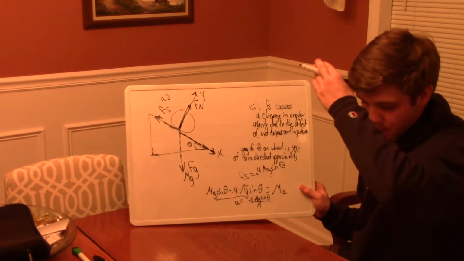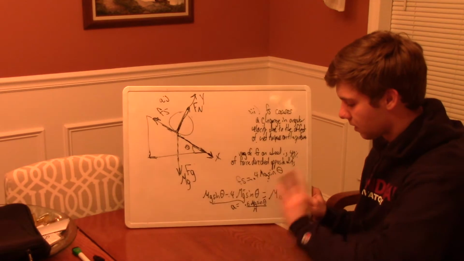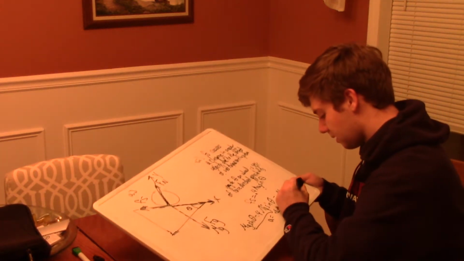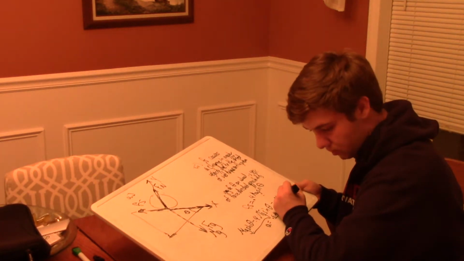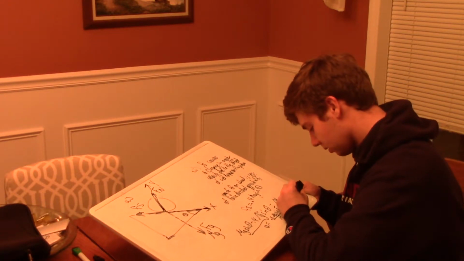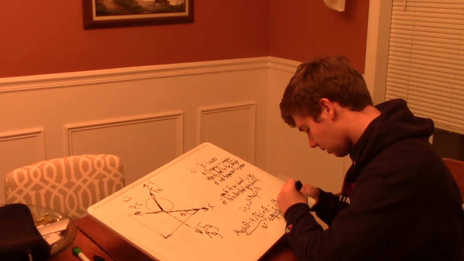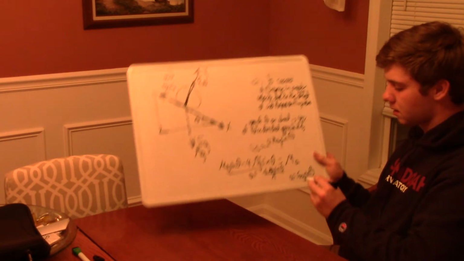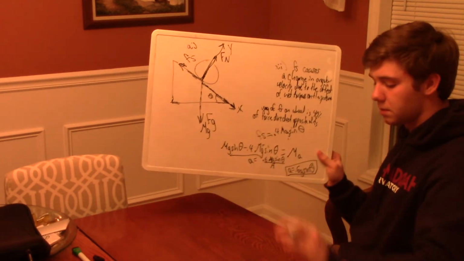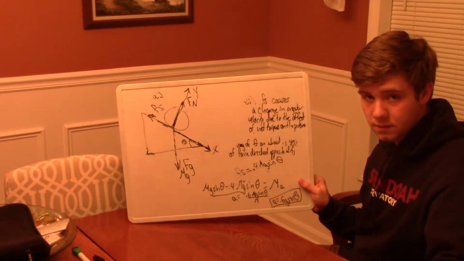That's what we got that from. Now, if we plug all our numbers in, we should get a equals 0.6 g sine theta. And that is our answer for section B of our FRQ.